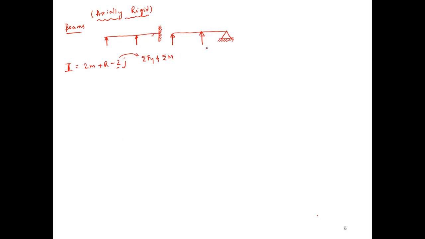Now, how many members? I will consider only one example first. How many members? 2. How many reactions? Here 1, 2, 3, and here 1, and here 1. Therefore the total external reaction is 5. What is the number of joints? 1, 2, 3, so 3.